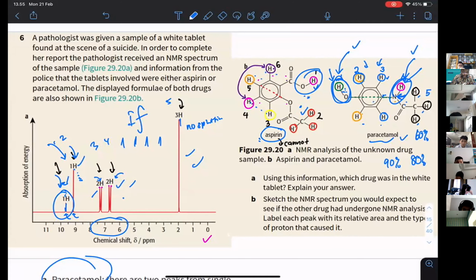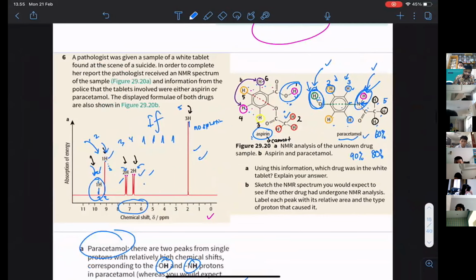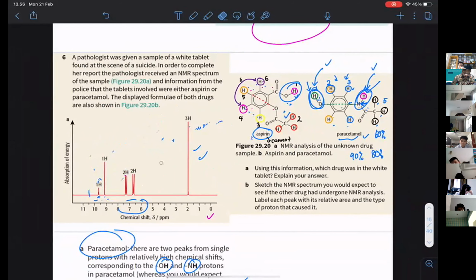Frederick asks whether the 2H above the peak represents the number of hydrogen in a carbon atom. Good question. This number tells you that the peak represents one environment, and within that environment, how many hydrogen there are. So in this environment, there are 3 hydrogen.